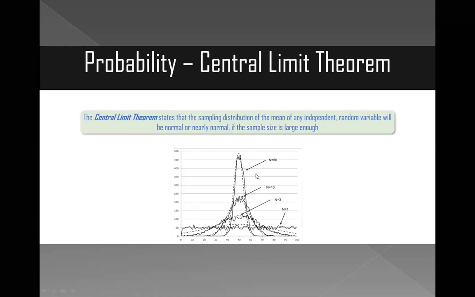If the sample sizes are large enough, look at what the central limit theorem exactly says. This is sample 1, this is sample 2, this is sample 3. What happens if we raise the number of samples?